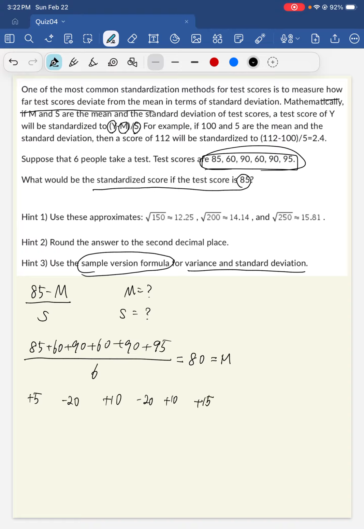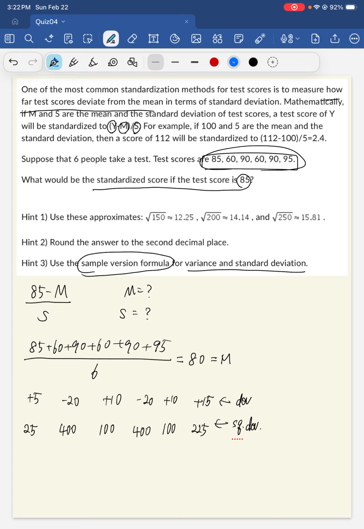I got 6 different numbers after the transformation, and I will square them. 25, 400, 100, 400, 100, and 225. So remember, these are deviations and these are squared deviations.